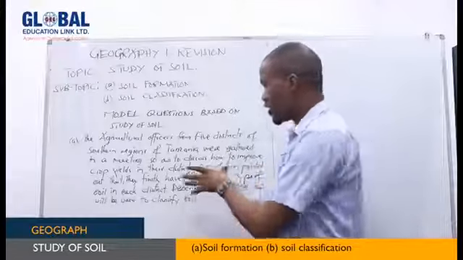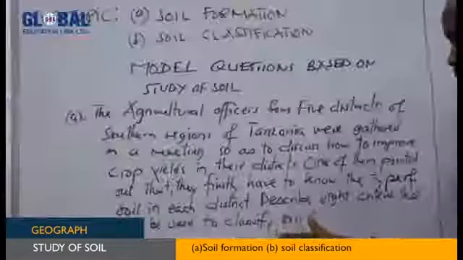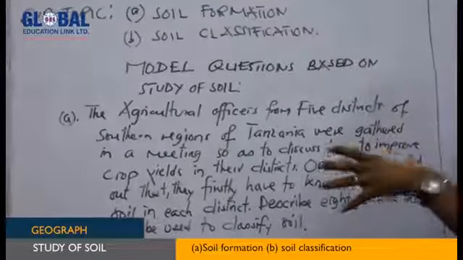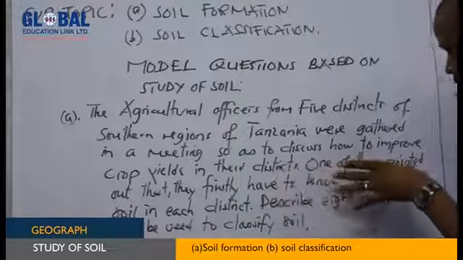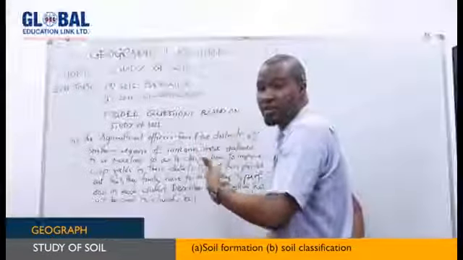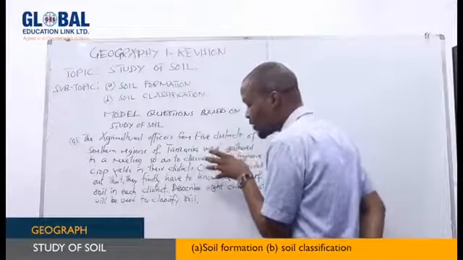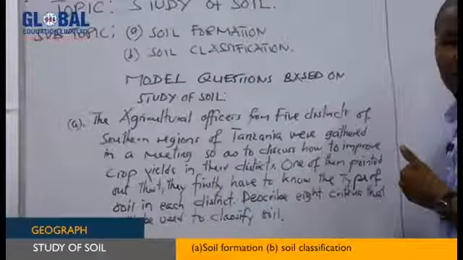It means we have agriculture officers from 5 districts. Right now they have to make sure they increase the crop yields within their districts. One of them said that in order to increase crop production, they have to first check the type of soil in each district.